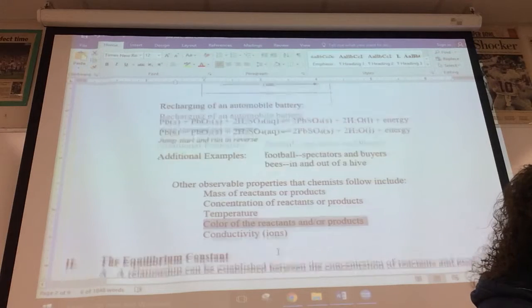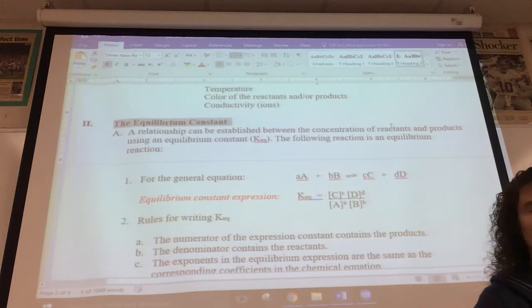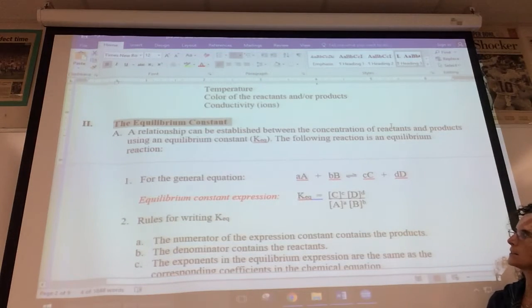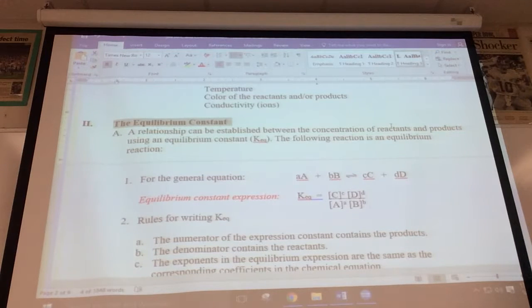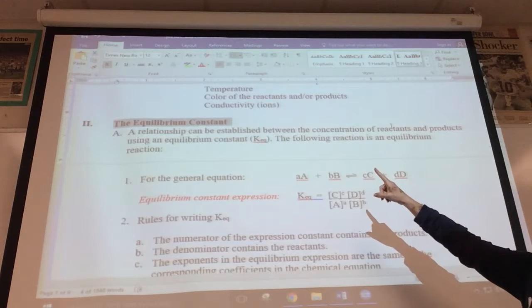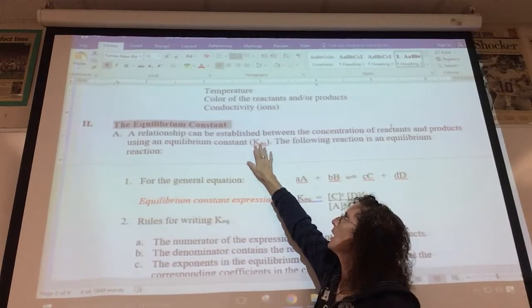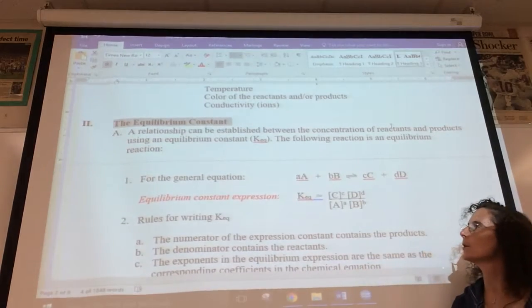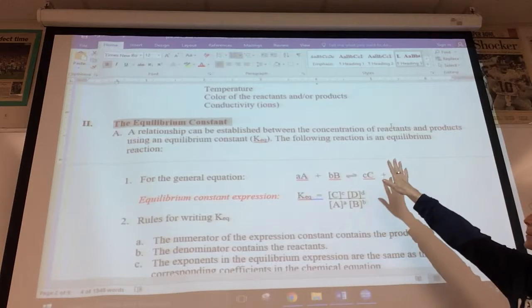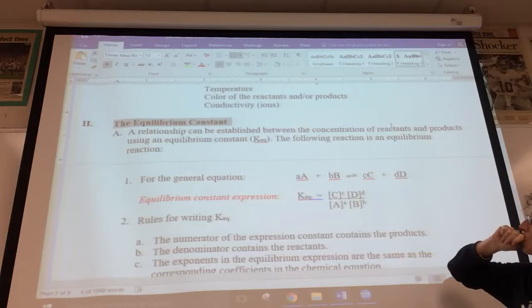What we want to learn how to do today is show you the relationship between reactant and product concentration. And this is very, very simple. So the equilibrium constant, abbreviated KEQ, K for constant, EQ for equilibrium, is a relationship that shows the concentration of reactant and product.